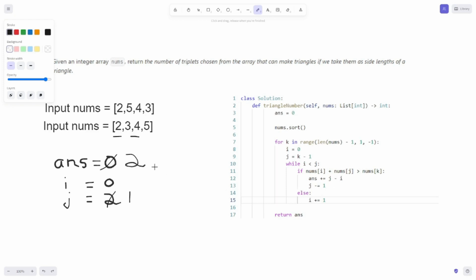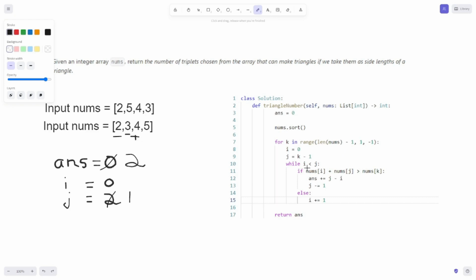Remember, we do j minus i because the index 2 and index 0 means that there's a greater value after index 0, so we increment by subtracting these two i and j. And then it's a sliding window, so we get rid of the j value at index 2, and it becomes 3.